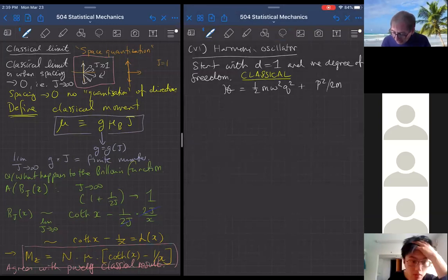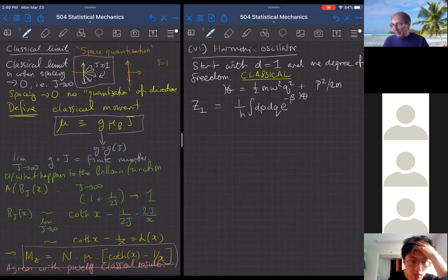So then we can work out the partition function. Z1 is going to be, well, we know how to write down the quantum state classically. So it's 1 over h, the integral dp dq, and then the Boltzmann factor e to the minus beta times the Hamiltonian.